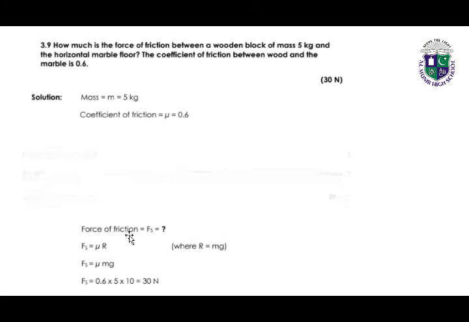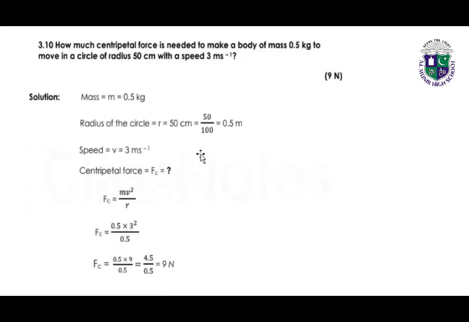To find the force of friction, here we have the formula which is given in our topic of force of friction, and R is equal to mg. So by putting the values of coefficient of friction and mg, we will get the force of friction, which is 30 Newton.